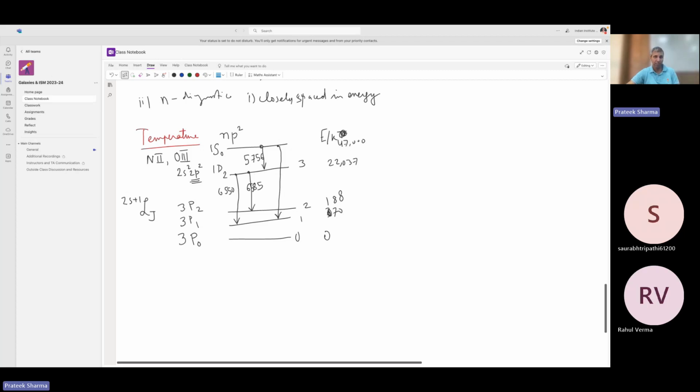So both this line and this line will be emitted. This is for N2, and the same levels will be there for O3, because they have np2 configuration, but the energy values will be different.